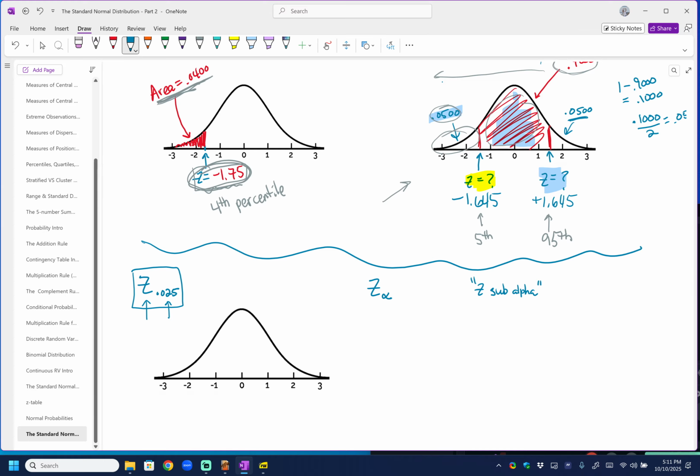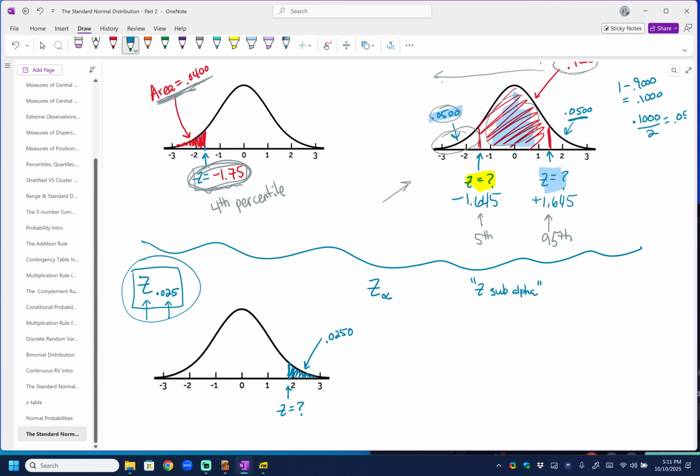So I'm just going to throw a random line over here, and I'm going to draw exactly what it's asking for. Again, this terminology is saying find the value of z that has an area of 0.025 above it. And remember, 0.025 is the same as 0.0250. This is called z sub alpha terminology, and you want to be familiar with it.